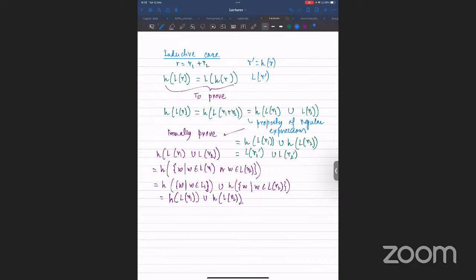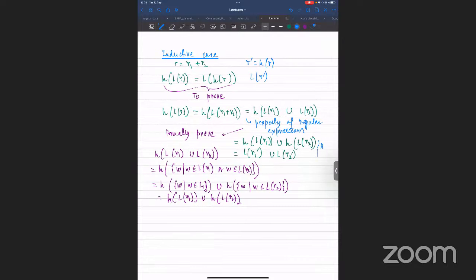So this is by IH, induction hypothesis. Right? So what are we going to prove? We are going to prove that H of L of R is the same as L of R prime.